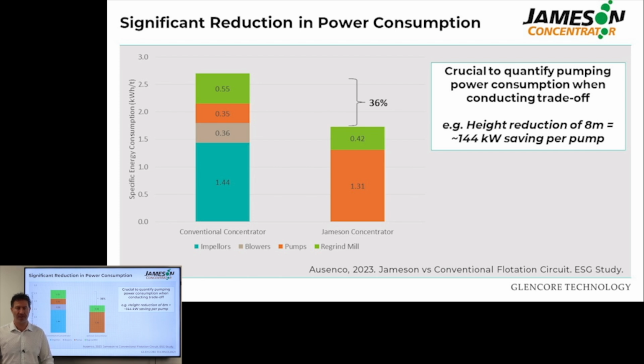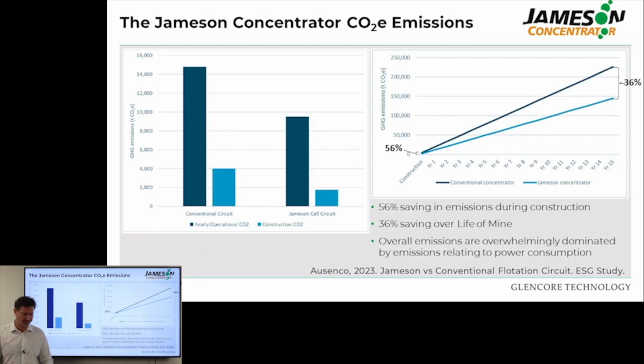Yes, you'd need feed pumps for the Jameson cells, but there's a massive reduction in flotation cells. So altogether, your power consumption is much less with Jameson cells.